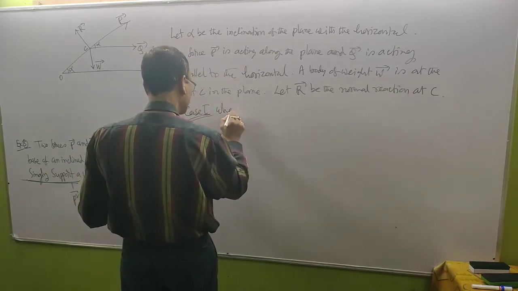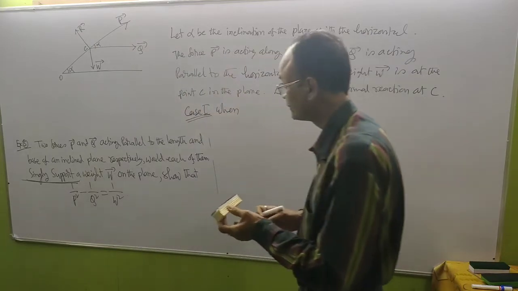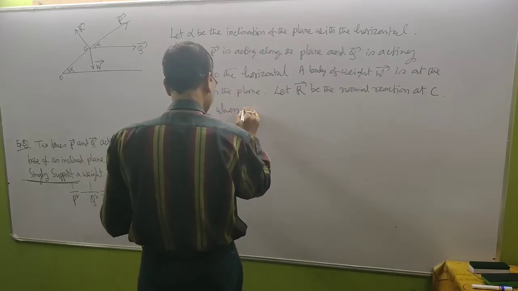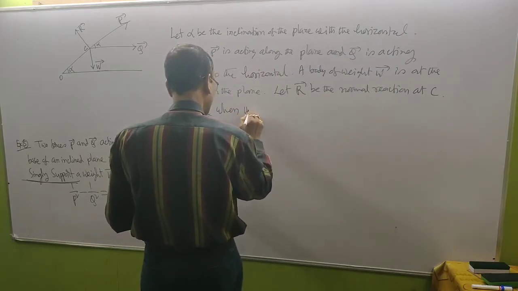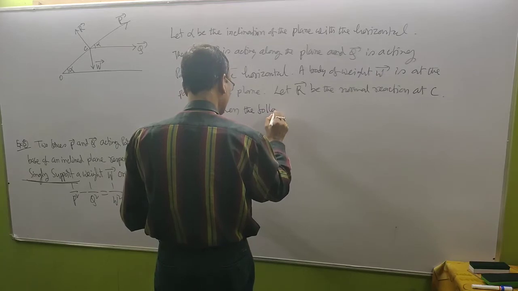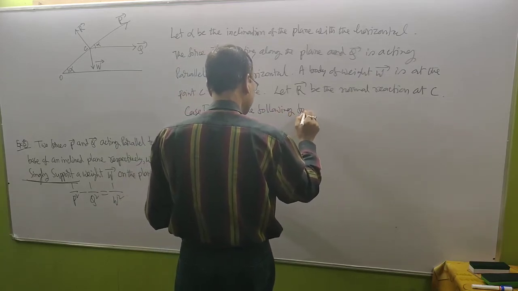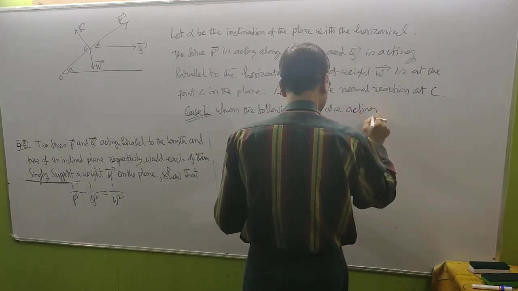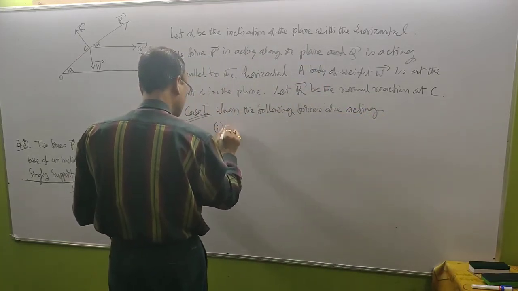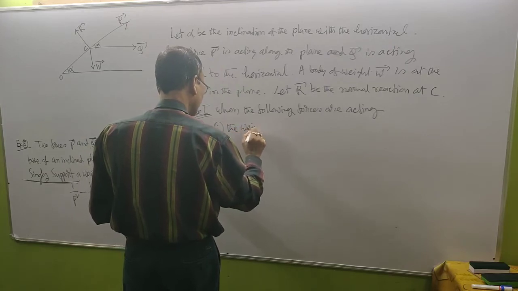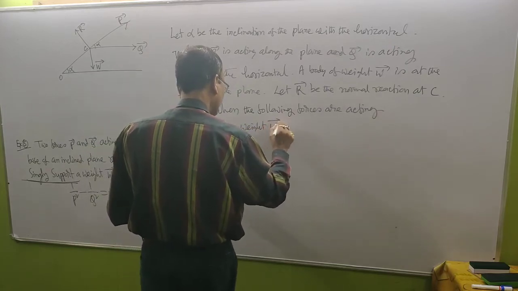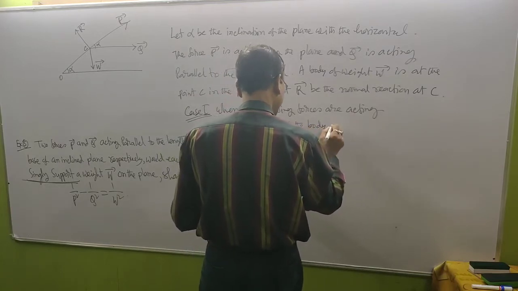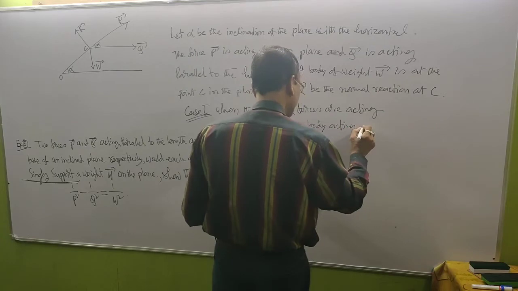When the following three forces are acting: number 1, the weight W of the body acting vertically downwards.